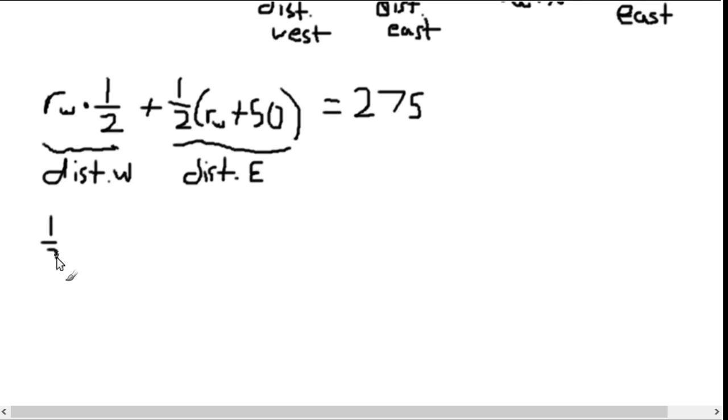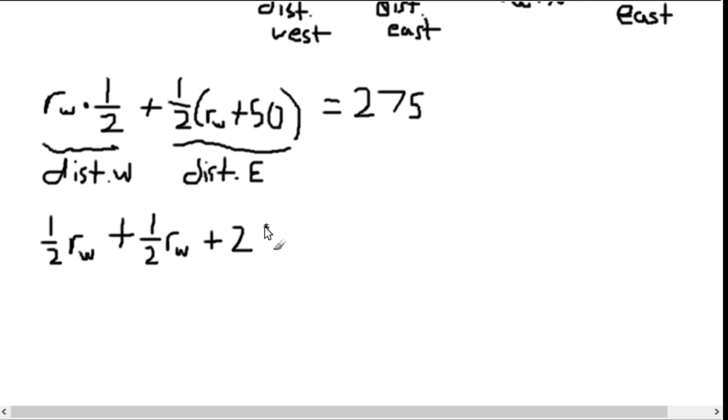Again, I'm just going to switch the order on this so it looks more like how we usually write it in algebra, 1/2 times RW. If I distribute this 1/2, we get plus 1/2 RW. And then I have to distribute this 1/2 to the 50, so 1/2 times 50 gives me plus 25.